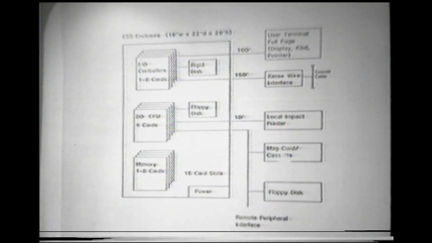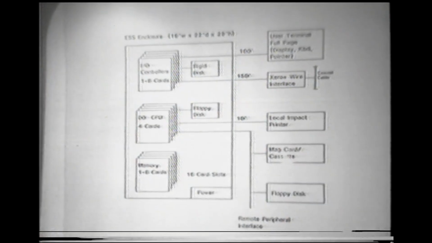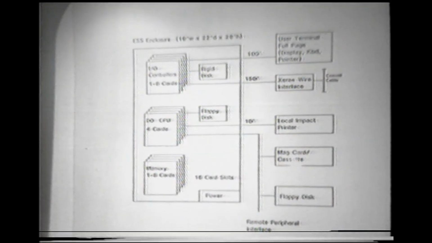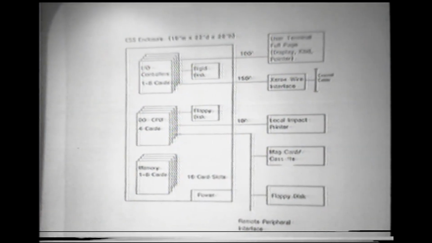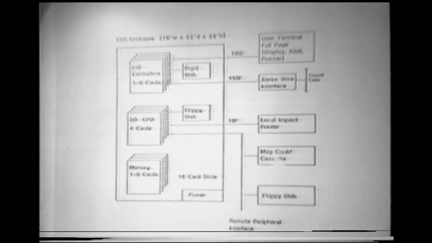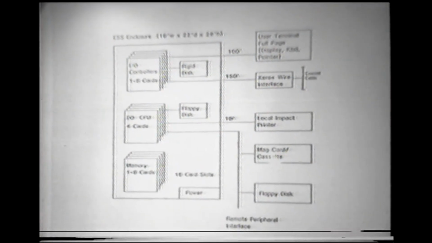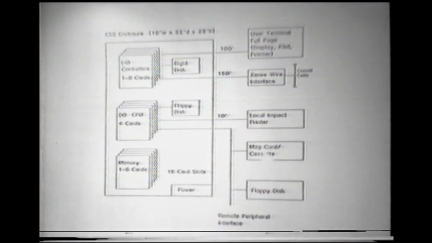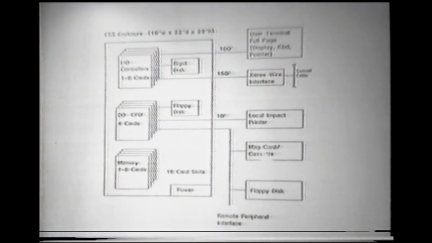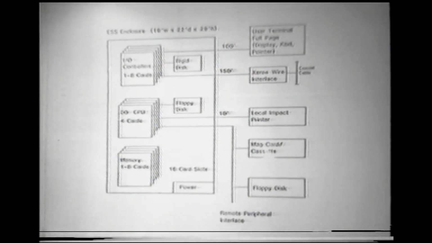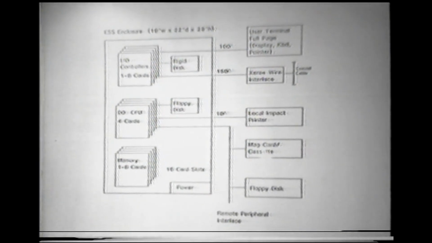The remote interfaces are shown on the right. The full-page display controller, which is basically a terminal. It's a terminal, and there is a terminal interface protocol, which is similar to the protocol which is now being adopted for ROS printers, which will allow, we hope, essentially any kind of terminal that obeys the protocol to be plugged in.